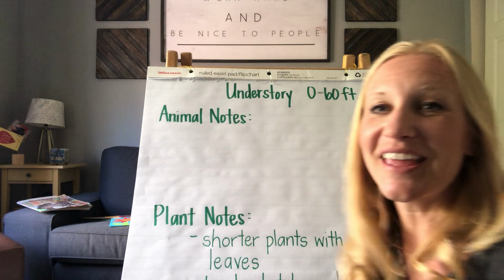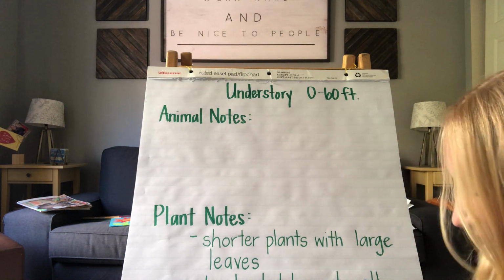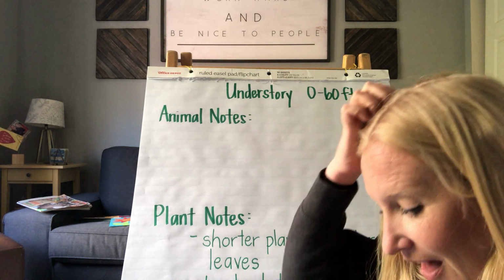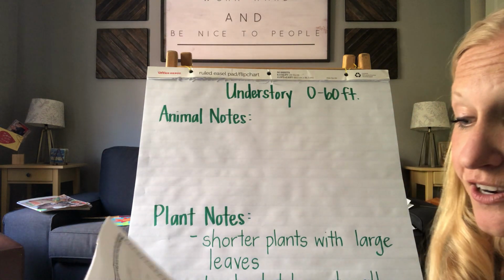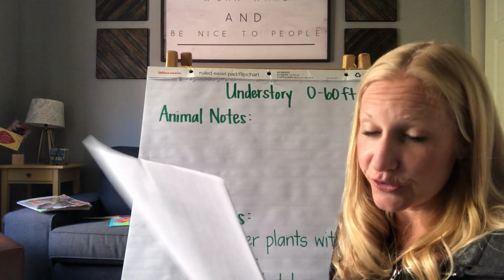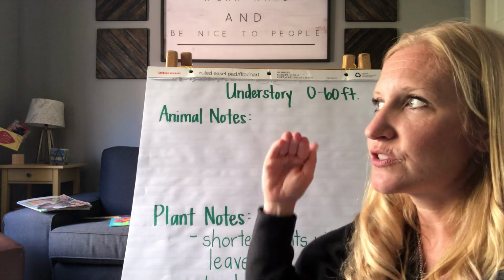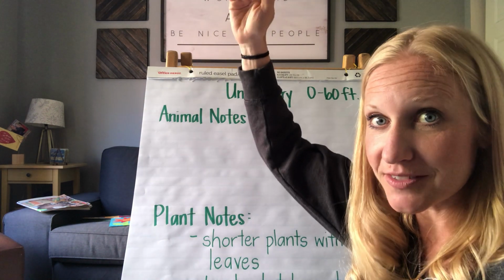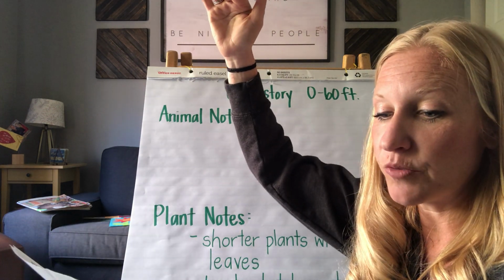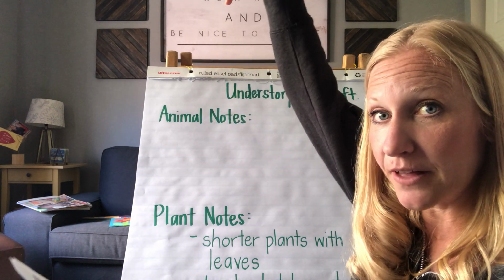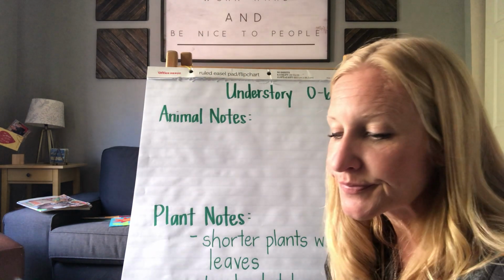Okay, so now let's go on to the animals. That's the fun part for most of us, right? Many of the animals here cross over between the understory and the canopy. So the canopy is actually up higher. It's our next level. So a lot of these animals go from the understory up, down, like an elevator.